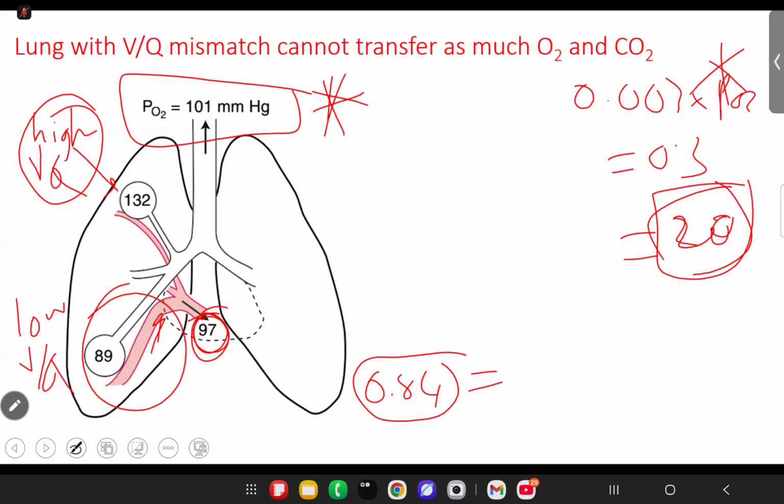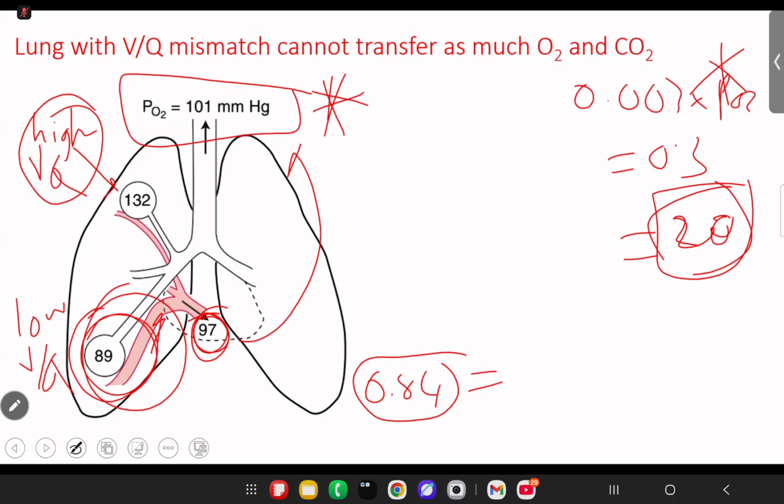It's because of this VQ mismatch, because this bottom part, low VQ, cannot be compensated by the high VQ. Even though there is no shunt or no dead space or no other problem, it's the different VQ ratios causing this discrepancy of arterial and the expired.